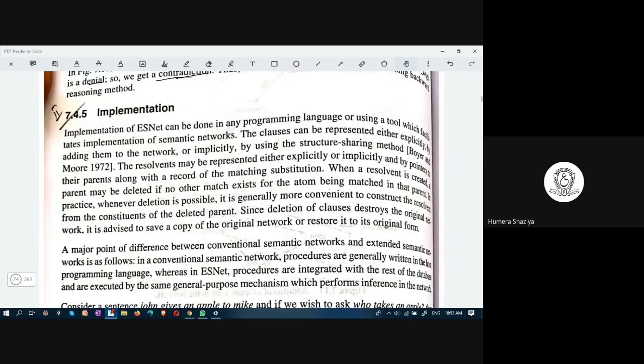How do we implement? Moving on from the theoretical concepts to the implementation. How can we implement ESNet? This could be done by using a programming language or any tool which facilitates the implementation of semantic networks.